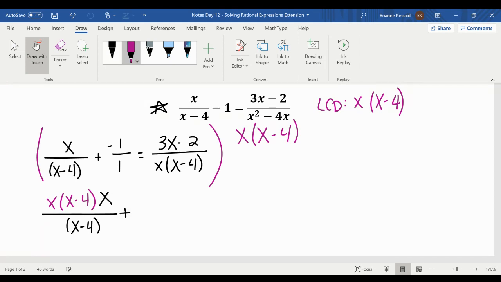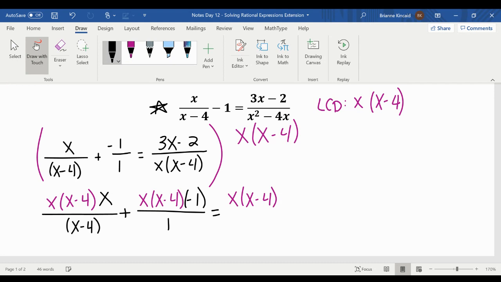Plus, I'm multiplying x times x minus 4 times negative 1 over 1, and then equals x times x minus 4, and then times the original, 3x minus 2 over x times x minus 4.